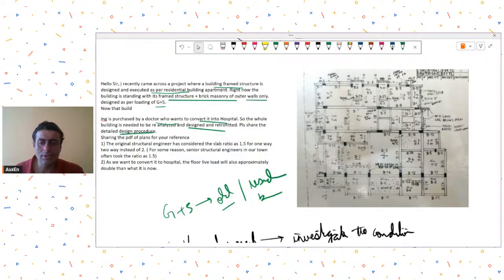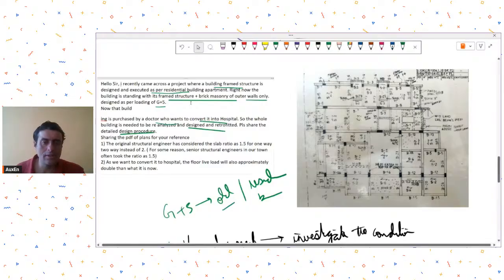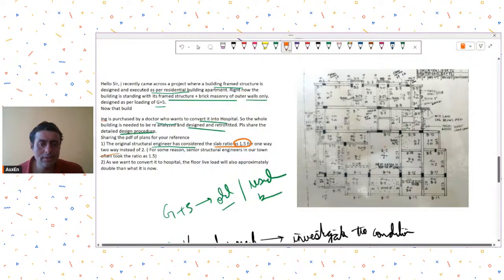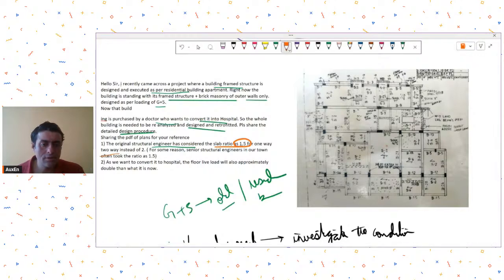Then his next question was that in many of the cases, even for a ratio of the slab long span to short span of even 1.5, they have provided only one way reinforcement instead of two. So what he is saying is that, let's say, this slab panel.